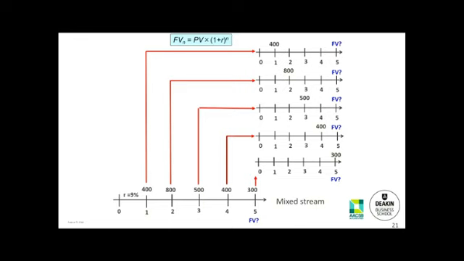Easy. Where is your cash flow? Year 1. From year 1 to year 2, 1 period. Year 2 to year 3, 1 period. Year 3 to year 4, 1 period. Year 4 to year 5, 1 period. You have 4 compound periods. Do you agree? So the future value of this $400 in year 5 should equal 400 times 1 plus 9% to the power of 4. Do you agree? And that's how to work it out.